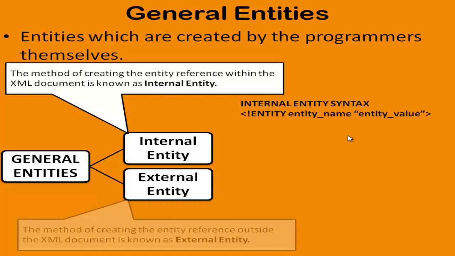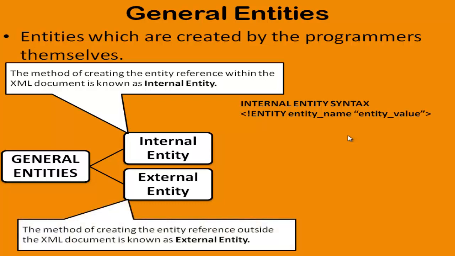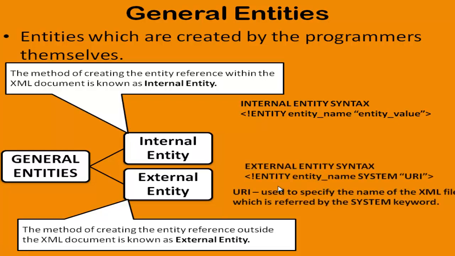And external entity is the method of creating the entity reference outside the XML document. The syntax for creating an external entity will be like this: ENTITY, entity name, and then SYSTEM, which we have already used before. System in the sense, it is a standalone entity which will be useful only in this particular system.